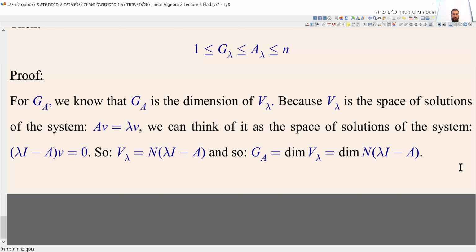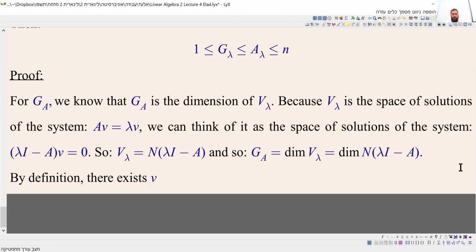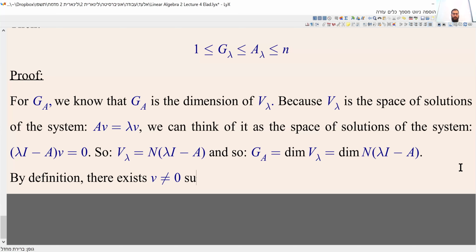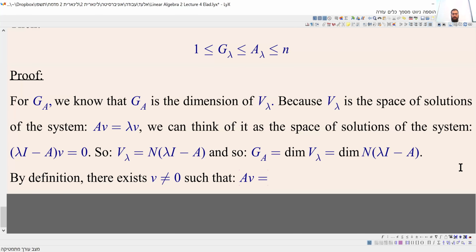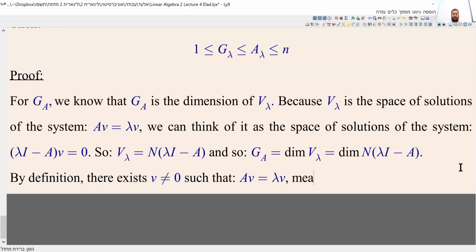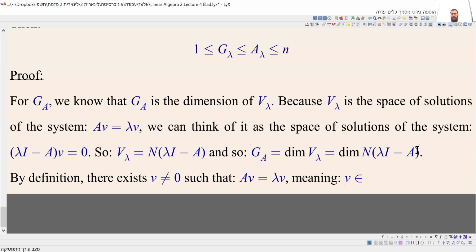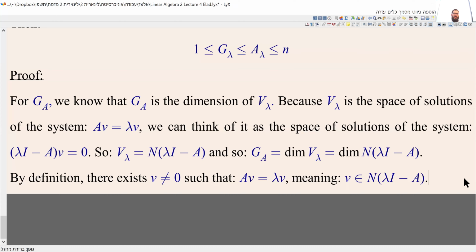We know that by definition there exists some non-zero V such that AV is lambda V, meaning that V is in the null space of lambda I minus A. And finally, because there is a non-zero vector in the space, the dimension of the space is at least 1.